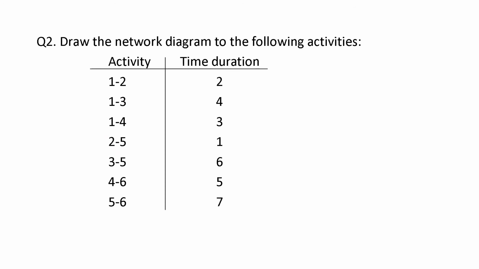One more example is here. Draw the network diagram, where the activity and the time duration are given. Let's see how to draw it. Here 1 to 2 is the first activity, so just draw node 1 and then 1 to 2, and the value is 2.